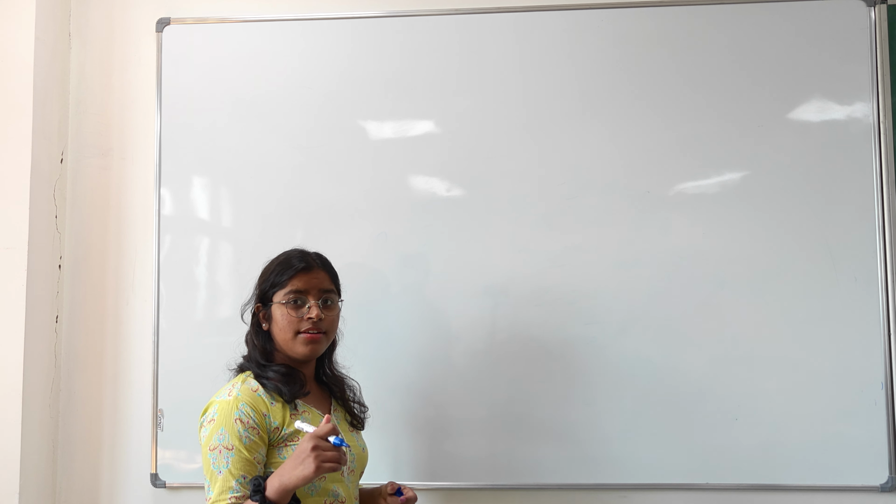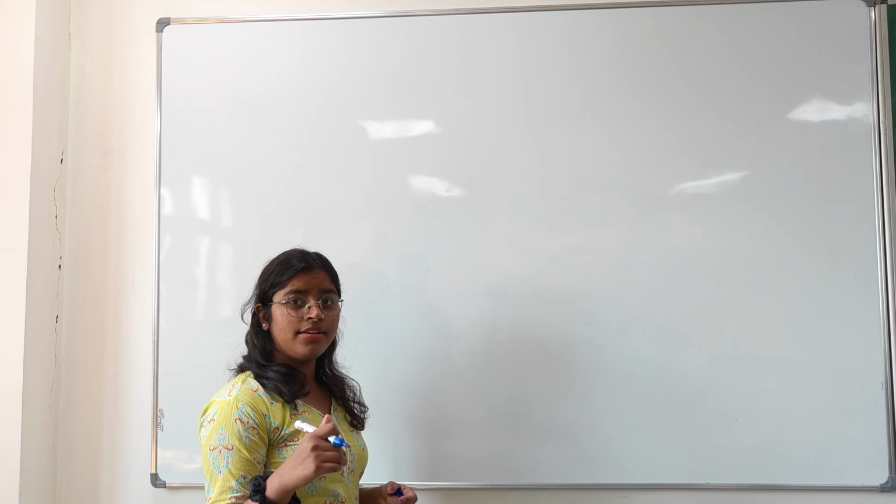First we will understand how we can find the union of two sets. First is A union B. Let us take A equal to 1, 2, 3, 4 and B equal to 5 and 6. We know that A union B is equal to 1, 2, 3, 4, 5, 6.